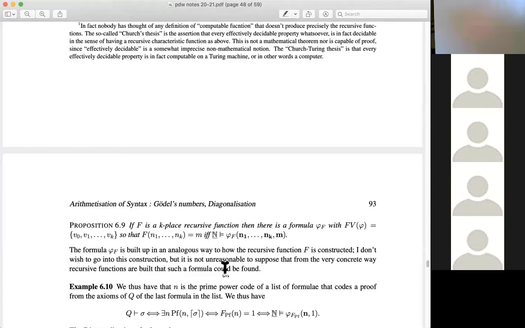So we're talking about, for example, this function f sub proof here. Perhaps let me switch to paper at this point.